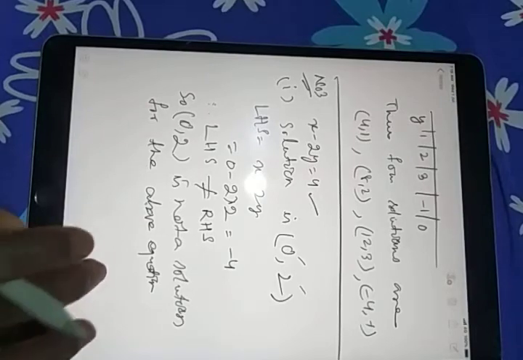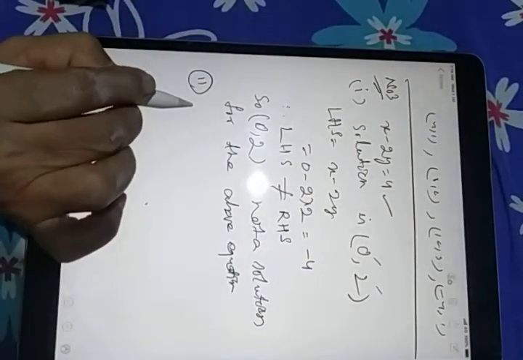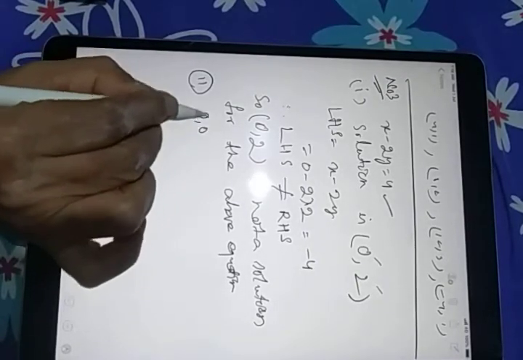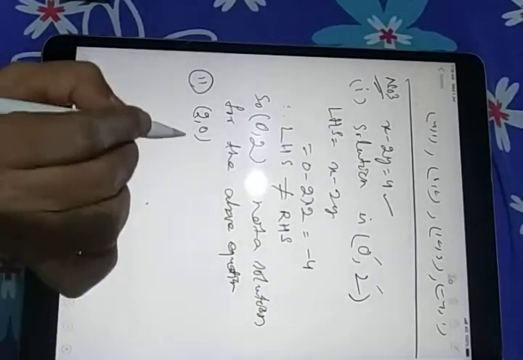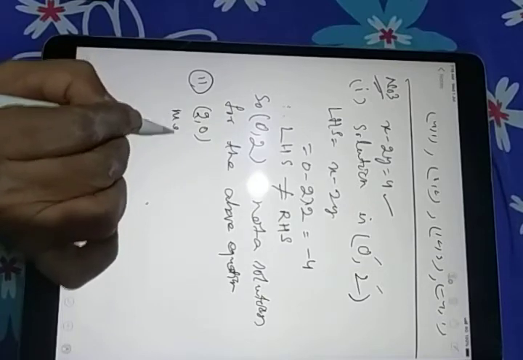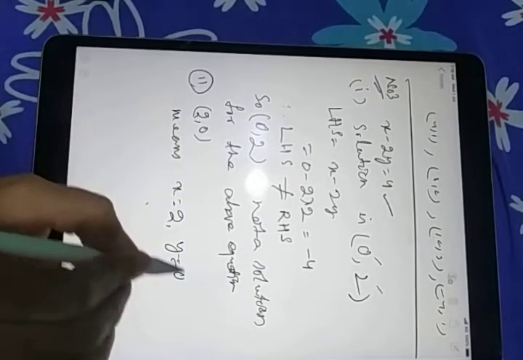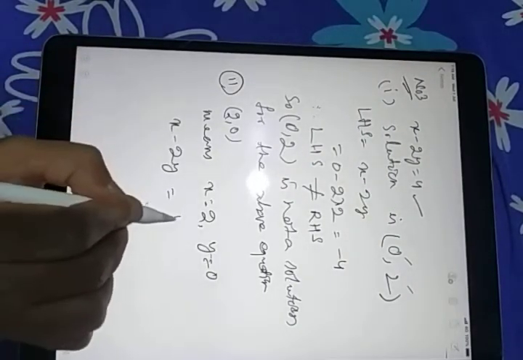Now part 2. Check whether (2, 0) is a solution. So this means x equal to 2, y equal to 0. Our equation is x minus 2y equal to 4.